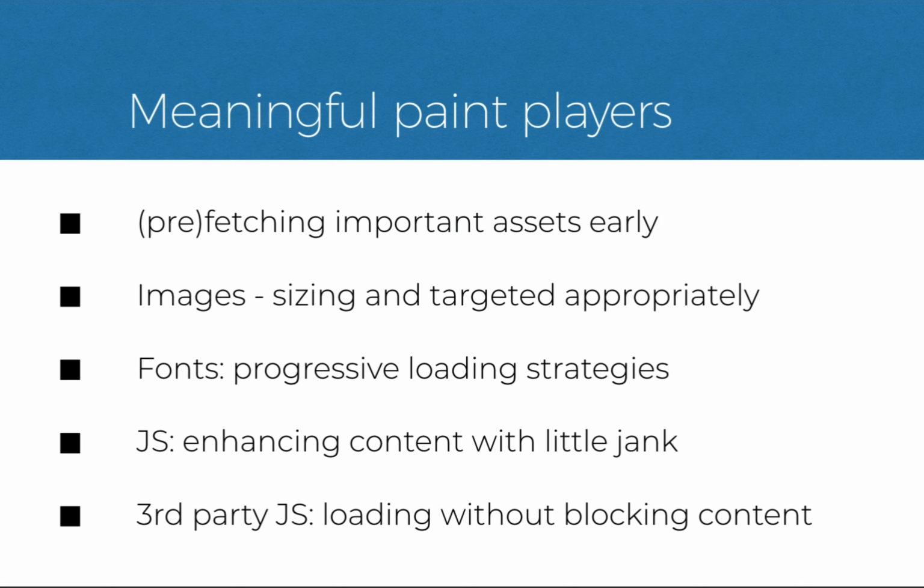With our fonts, we want to think about strategies that show text early and layer in our custom fonts as they are ready without inhibiting reflows too heavily. And then we want to think about our JavaScript, ways to load it so that we're not blocking the content that we've carefully delivered already, and make sure that we're working with third-party JavaScript in ways that are friendly to our content. Speaking of JavaScript, that's a good time to move on to our next section, which is the metric time to interactive.